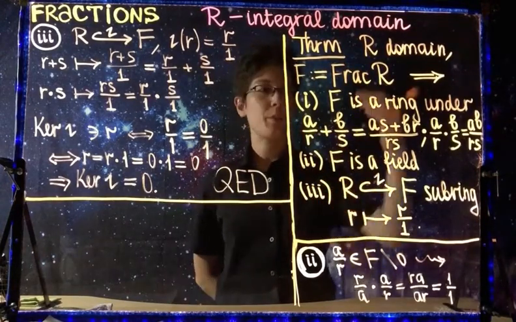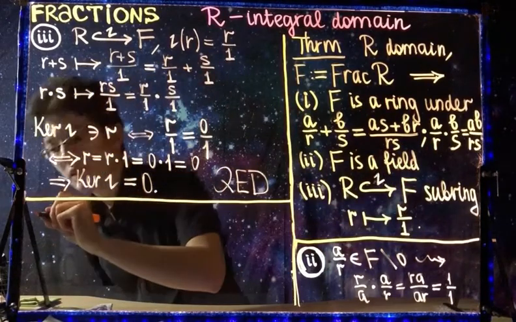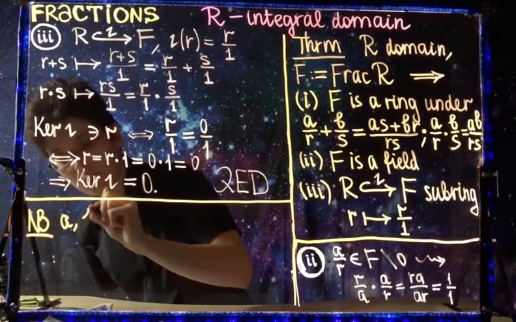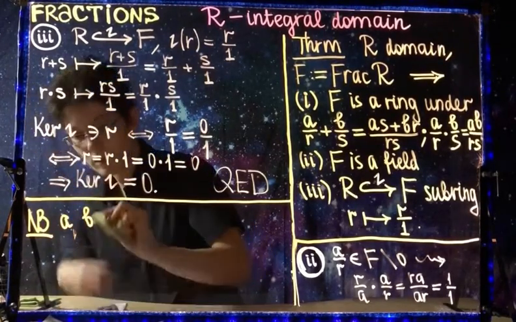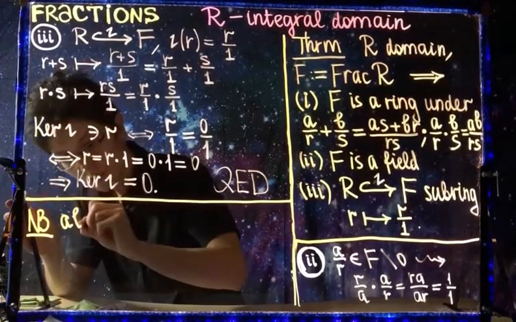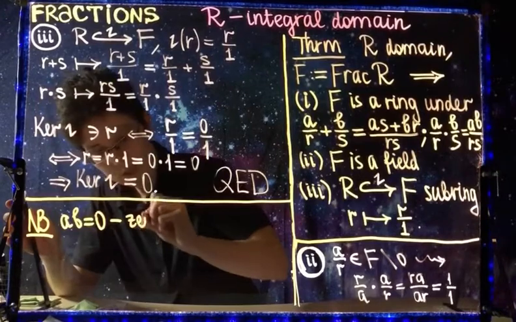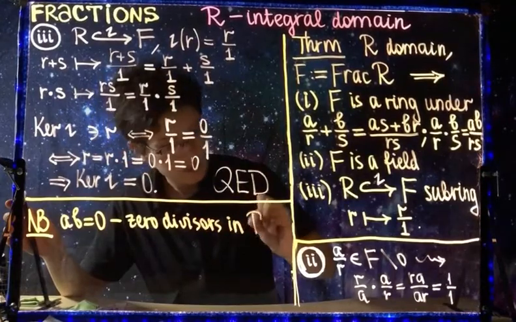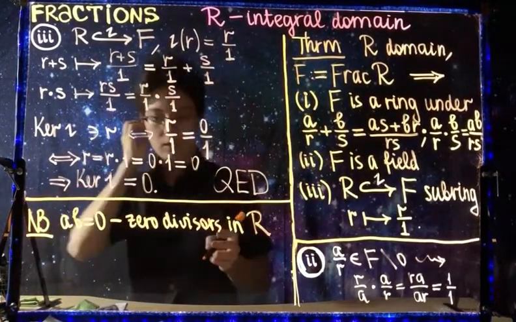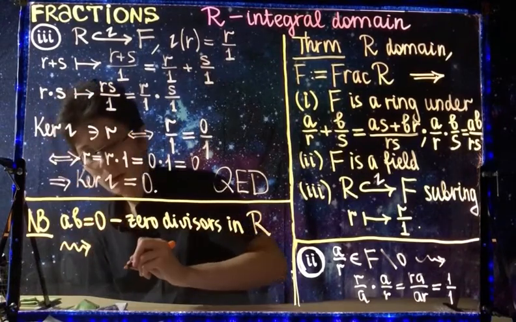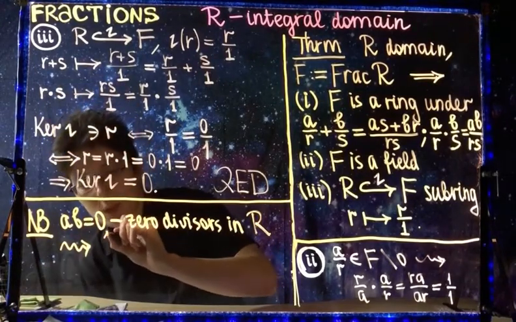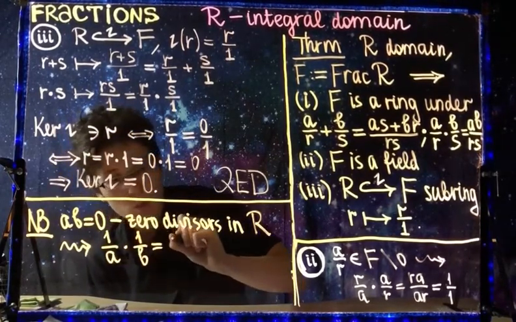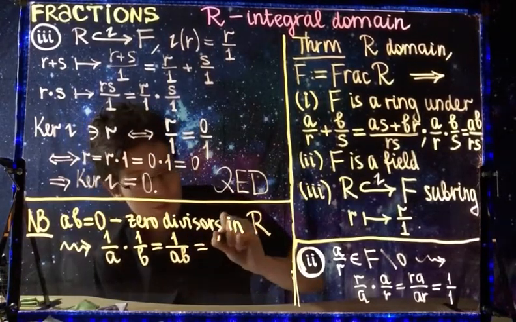Otherwise, if we try to repeat this construction for an arbitrary ring with 0 divisors, let's say that A times B is equal to 0, and these are 0 divisors in some R, which is not an integral domain, then we would not be able to multiply 1 over A by 1 over B, because then we would get 1 over AB, which is 1 over 0.